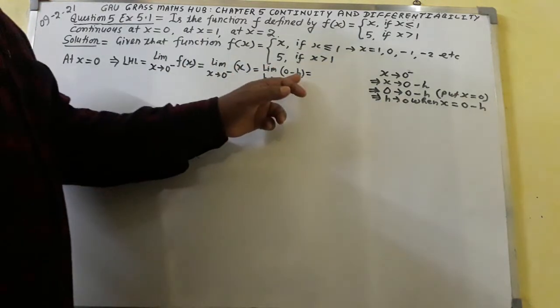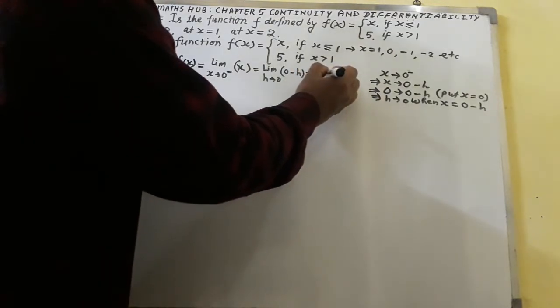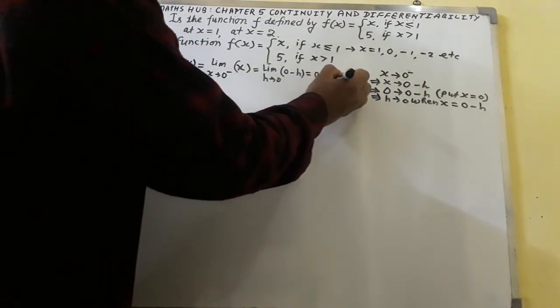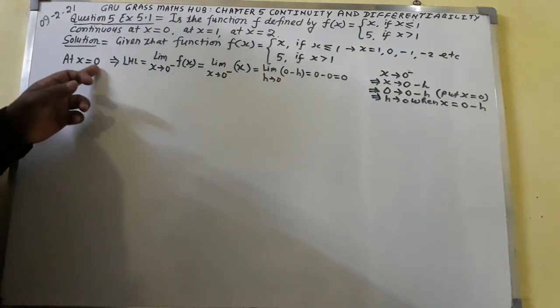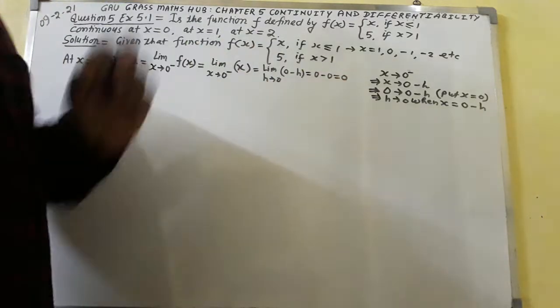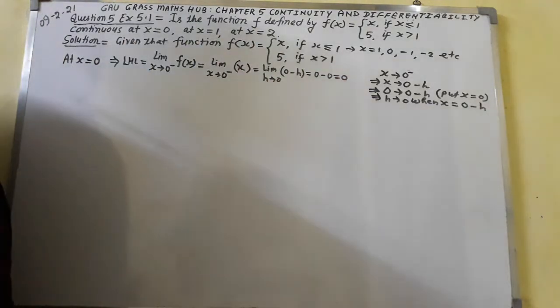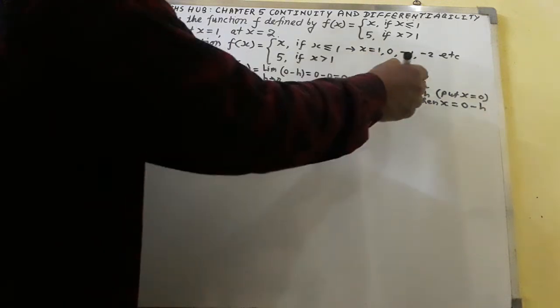So put the value here h equal to 0. So here it will become 0 minus 0 comes out to be 0. So at h equal to 0, left hand limit you have got equal to 0. This is the rough work, you can see later on.